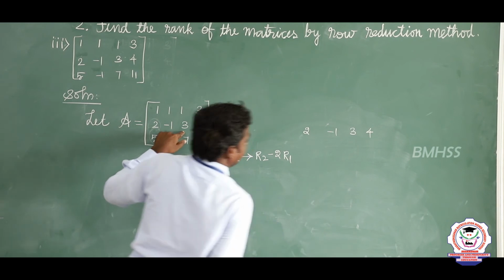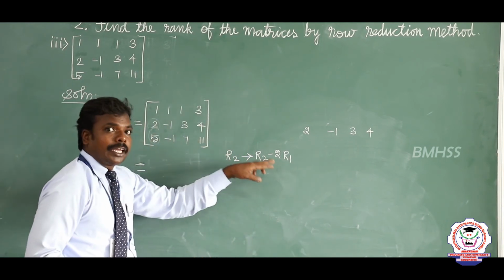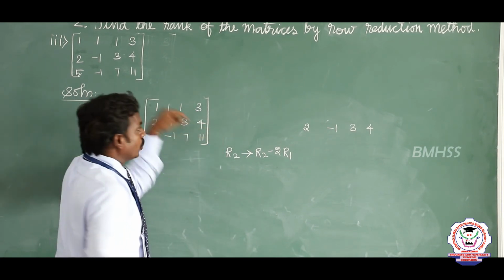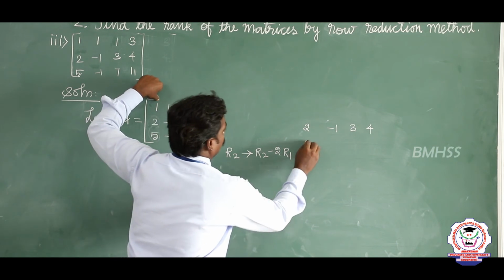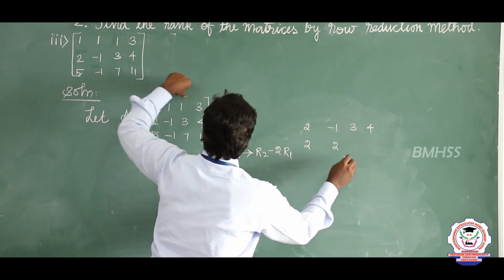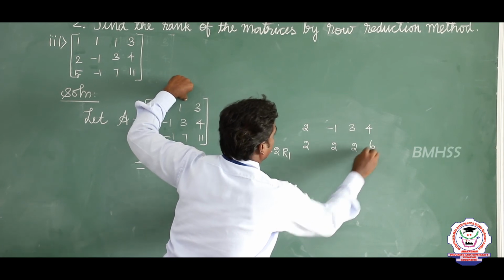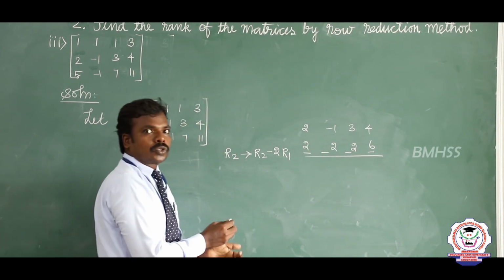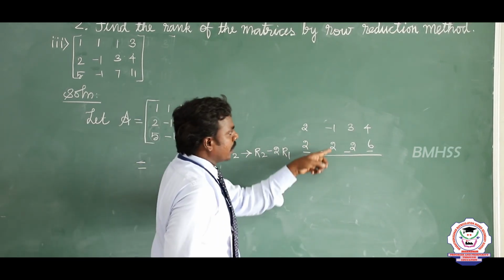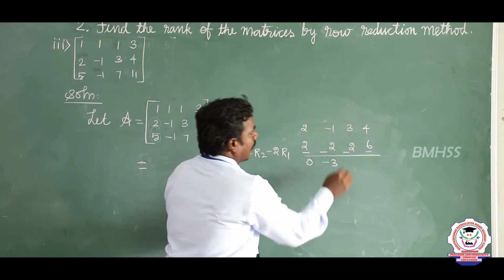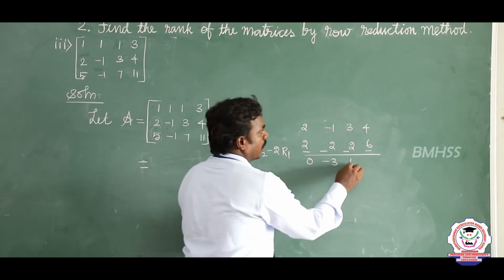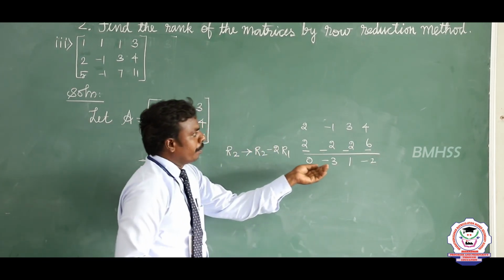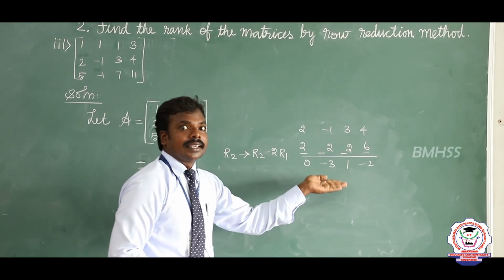The first row elements are 1, 1, 1, 3, and every element is multiplied by 2. So we get 2, 2, 2, and 6. Now I am going to subtract this. 2 minus 2 is 0. Minus 1 minus 2 is minus 3. 3 minus 2 is plus 1. 4 minus 6 is minus 2. So 0, minus 3, 1, minus 2 are the changes in the second row.